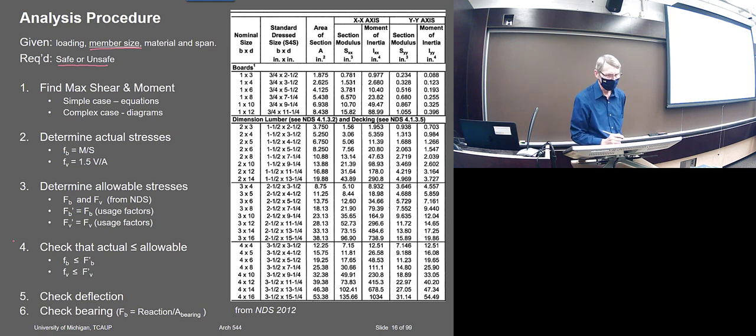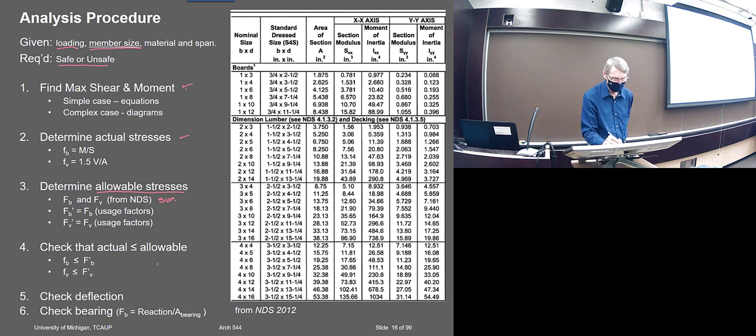Initially, we're given the member and the loading, so we can determine the stress on the member. Determine the load and then determine the stresses. Then we check the allowables with the factors in the supplement.